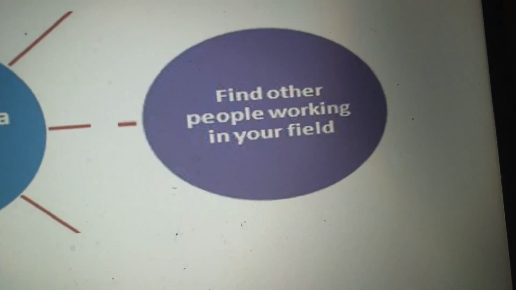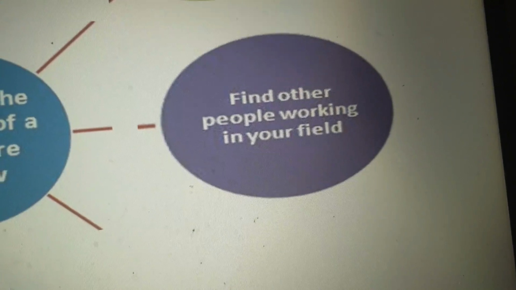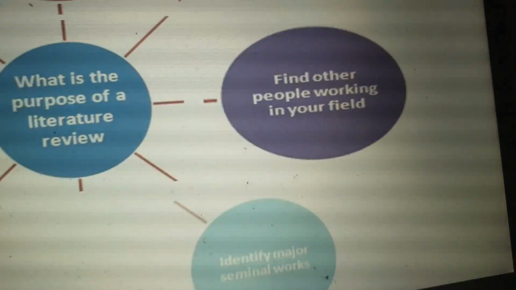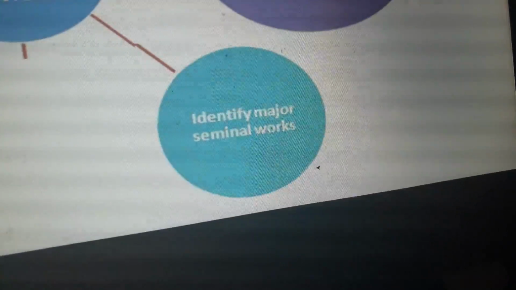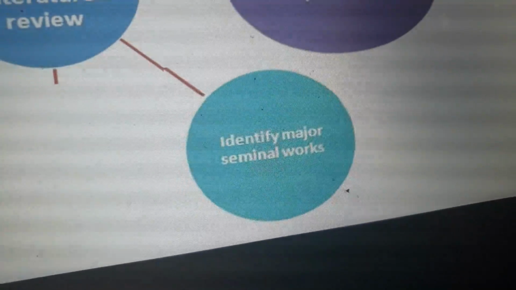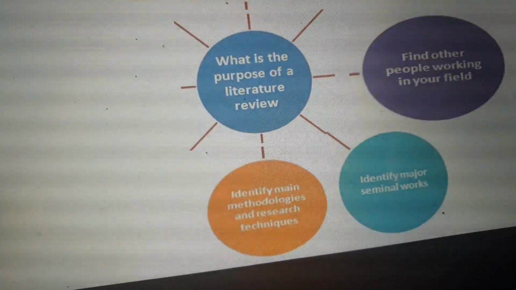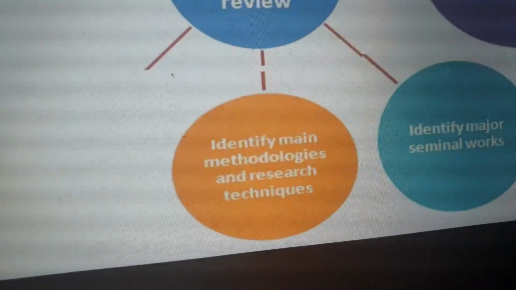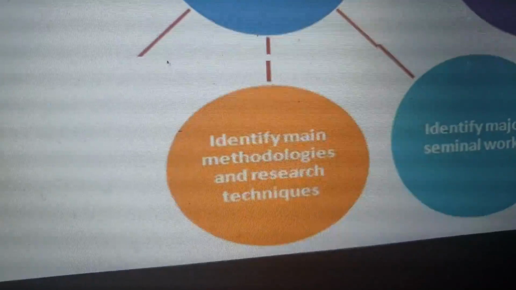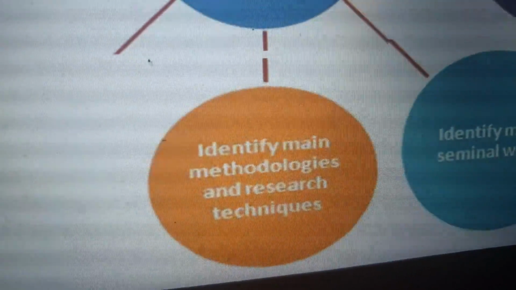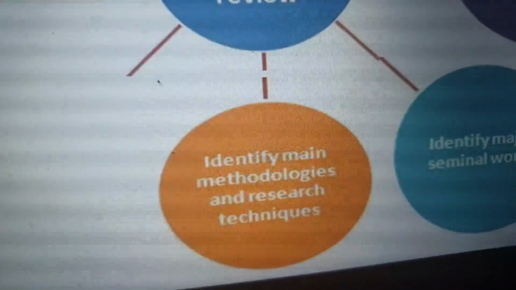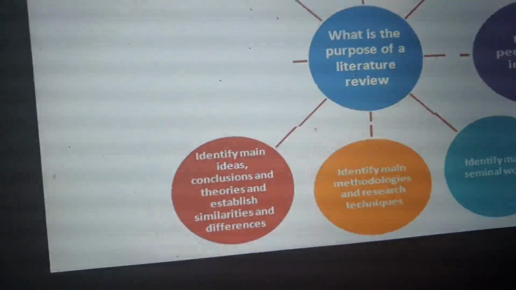You are doing literature review to find other people working in your field, scholars for that matter. You are doing literature review to identify major seminal works that have been done on it. You are doing literature review to identify the main methodologies and the research techniques and probably borrow from them.